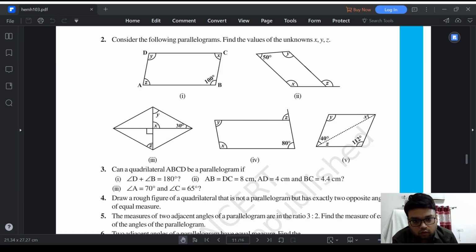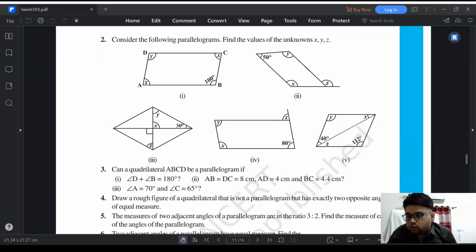Or 2x is equal to 160 degrees. Or we can say that x is equal to 80 degrees. x is equal to z is equal to 80 degrees. So what they asked here is the value of x, y and z, and here we are able to calculate it.